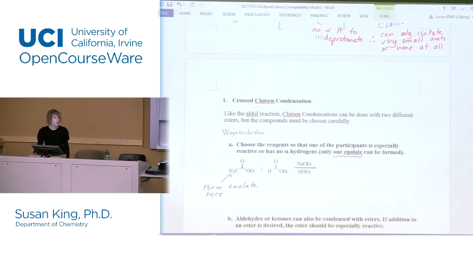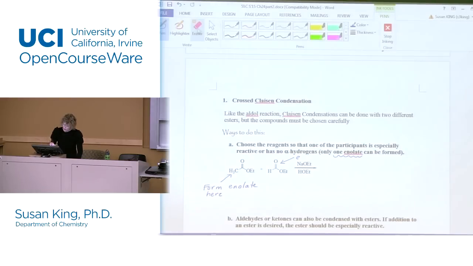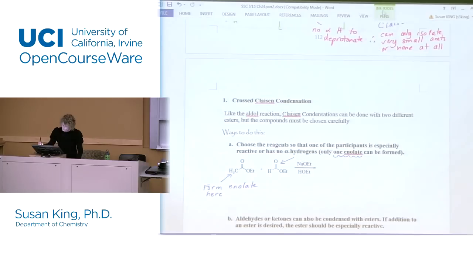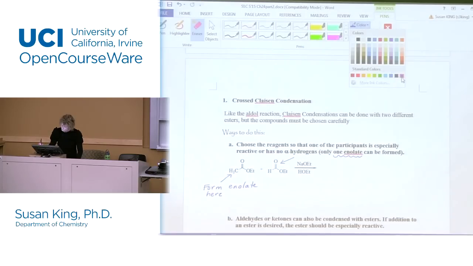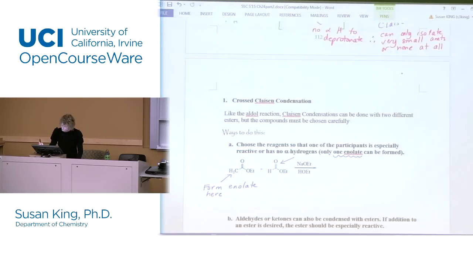The other compound has no enolizable hydrogens. So already we're off to a good start.